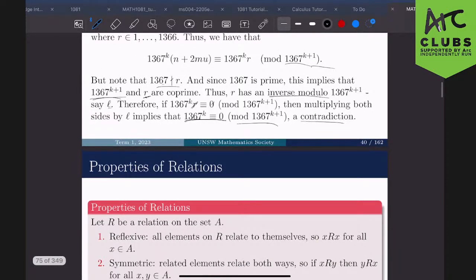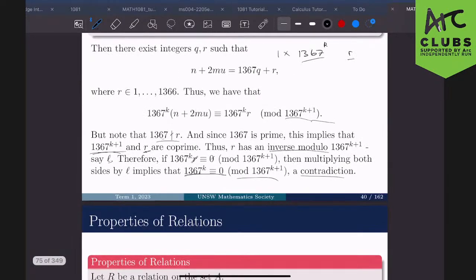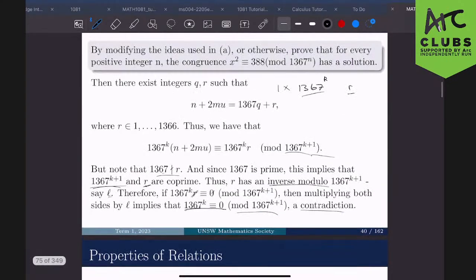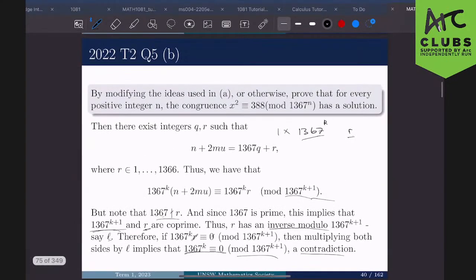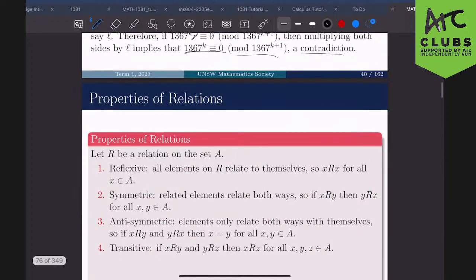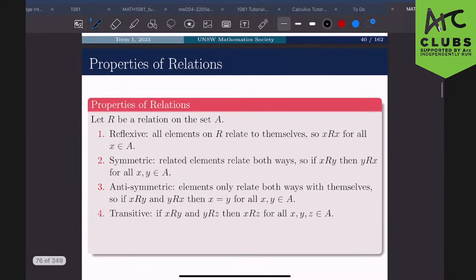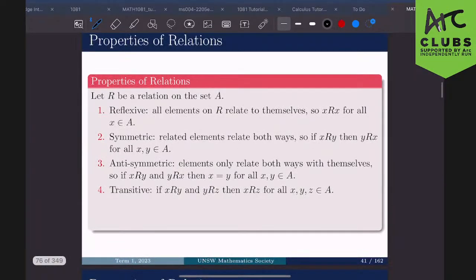But yes, it's a very thought-provoking question. And that's it for the modular arithmetic, so we'll move on to the relations now. Hopefully this proof all made some sense.